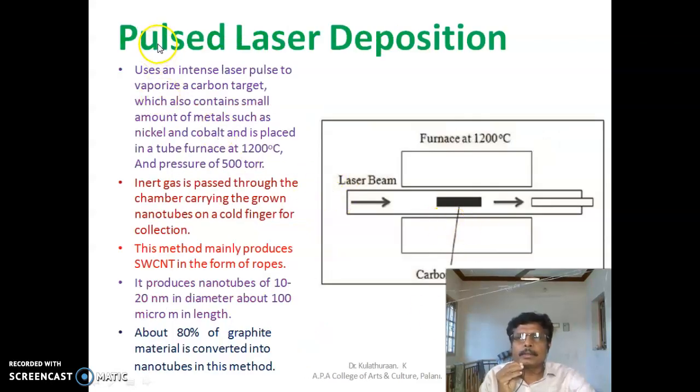Then another method is pulsed laser deposition. This is a block diagram of preparation of carbon nanotubes by pulsed laser deposition.